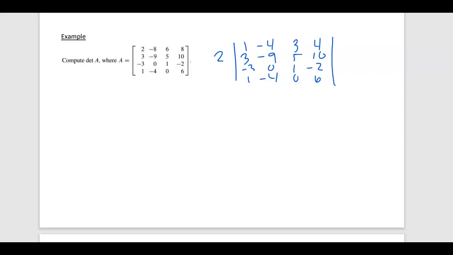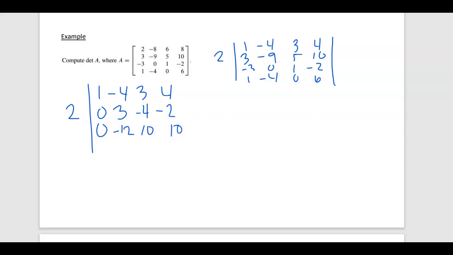All right, doing some row reduction here, I can go ahead and get rid of my first set of columns. And when I do that, I get 0, 3, -4, -2, 0, -12, 10 and 10, 0, 0, -3, and 2.